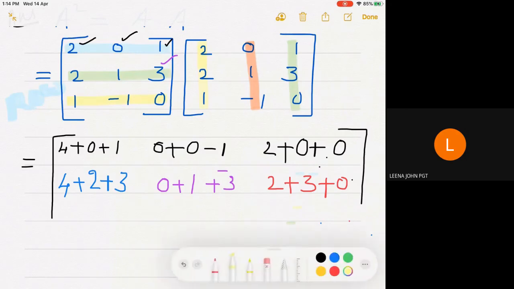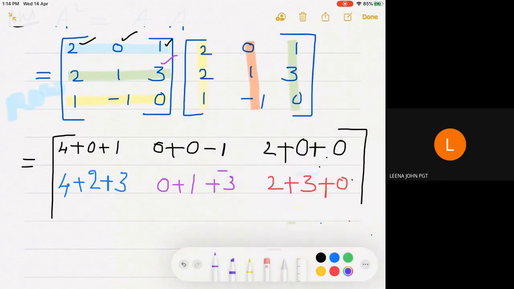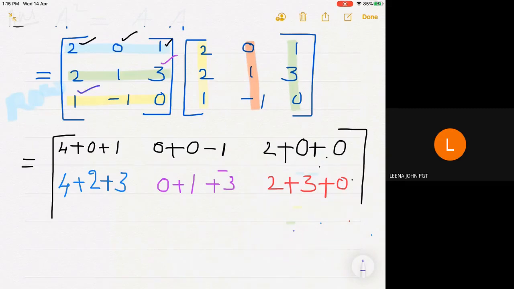You have to now multiply with the corresponding elements. That is 1 into 2 is 2, plus minus 1 into 2, so it is minus 2, plus 0 into 1 is 0.